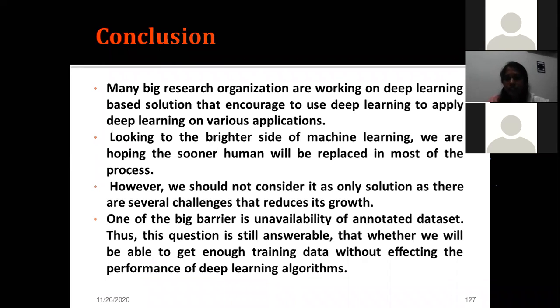But in deep learning, all these processes, segmentation, extraction, and classification, are performed by one single network, one single algorithm. So you reduce the time, and with the help of GPUs, you improve the accuracy and reduce the training time.